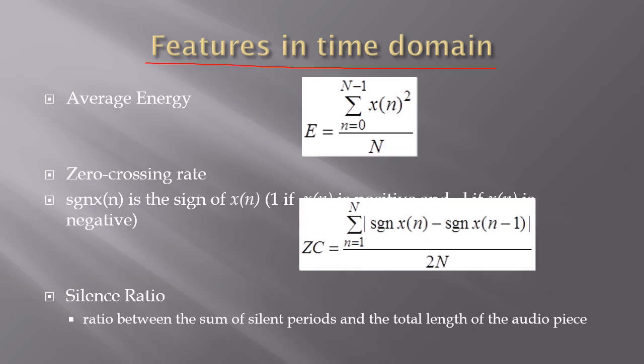In time domain features, here are shown three features. One is called the average energy. The second one is called the zero crossing rate, or ZC. The other one is the silent ratio, or SR. How do we calculate this?